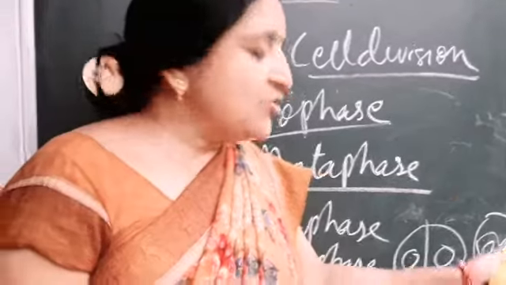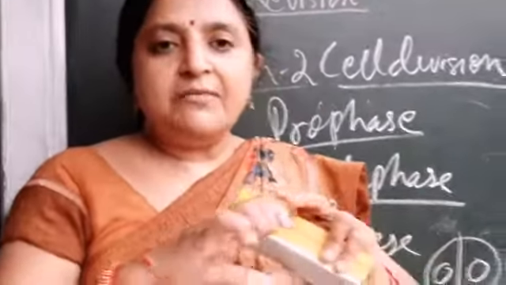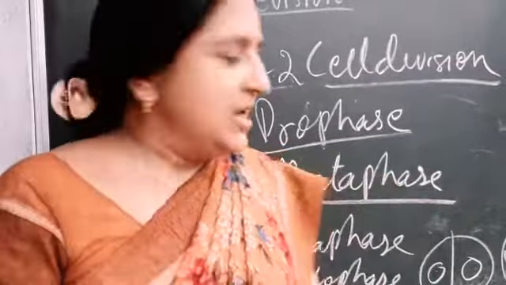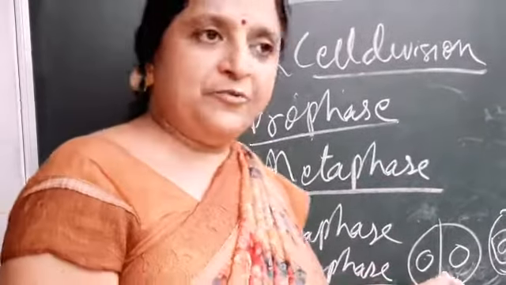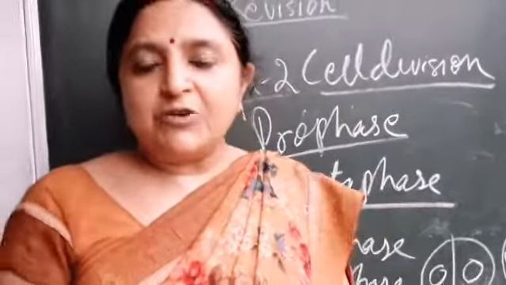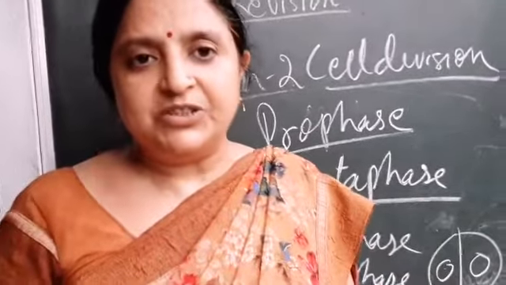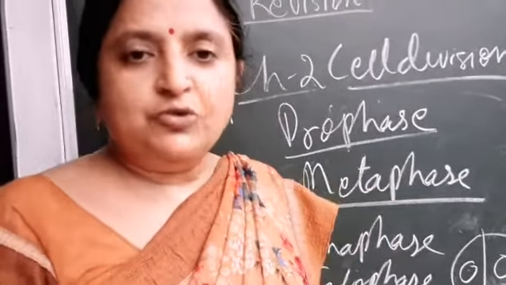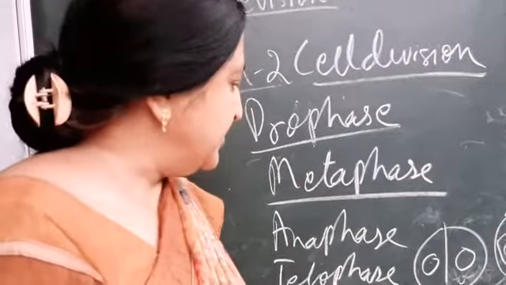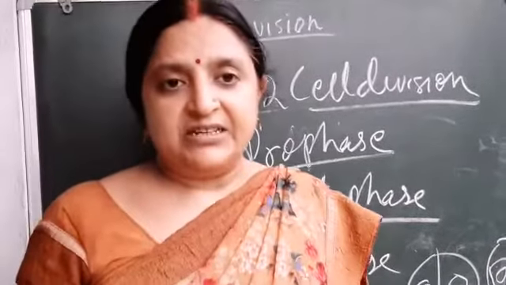Centripetal means constriction, they divide because of the constriction, and centrifugal means the cytoplasm divides by plate formation between the two nuclei. This is the difference between plant and animal cells in cytokinesis.